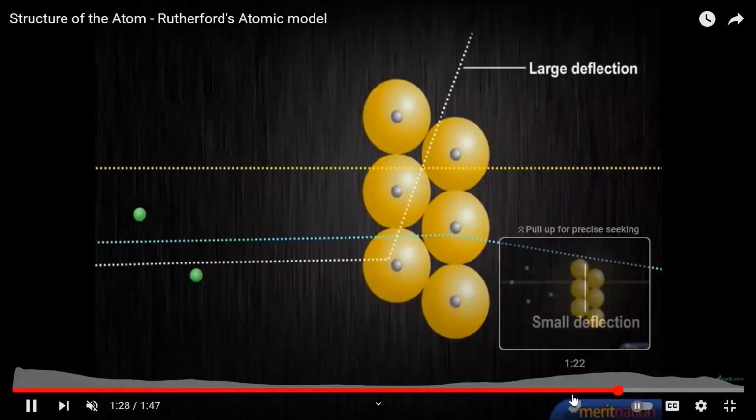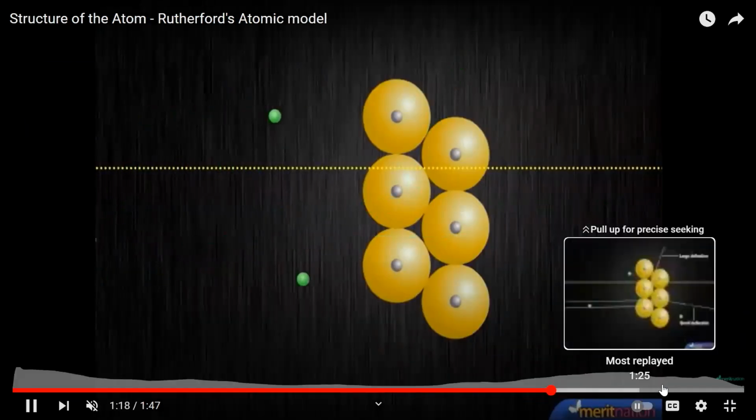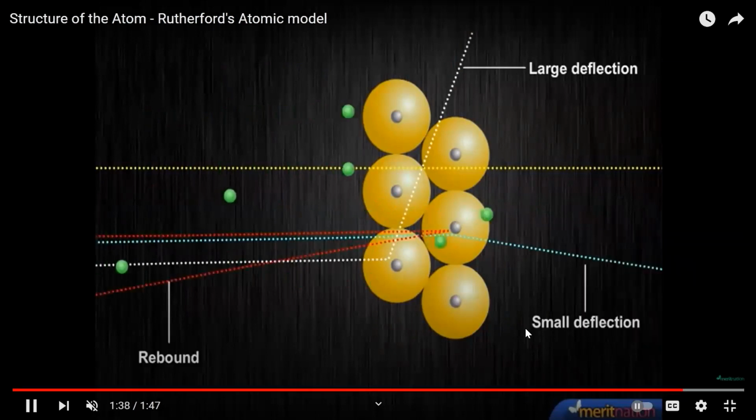Listen up. Among everything that this guy said, there are a few things that are extremely important and always asked in your exam, which are summarized in this diagram here. First and foremost, in your exam they will ask you, based on Rutherford's gold foil experiment, how do we know that most of the atom is made of empty space?